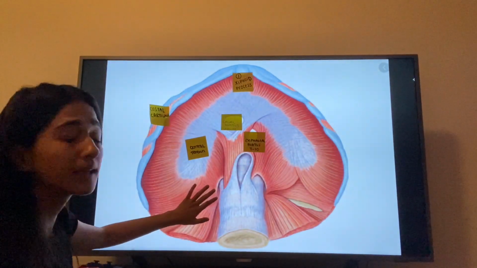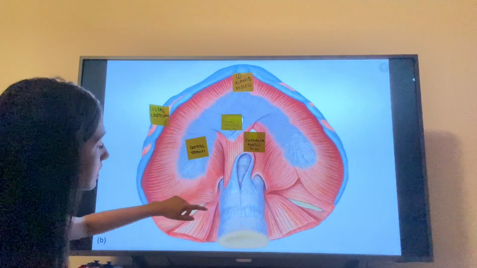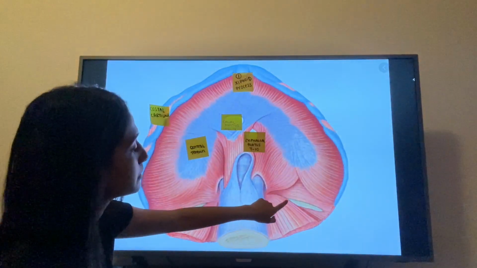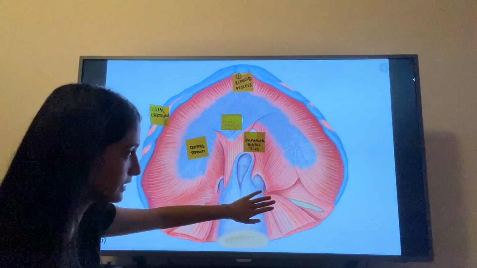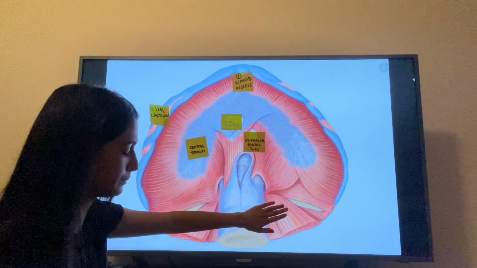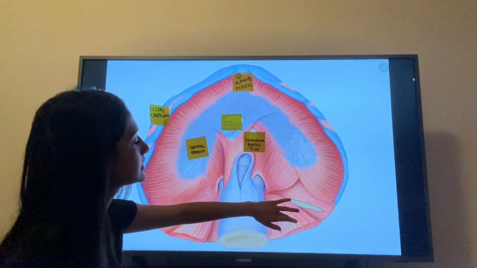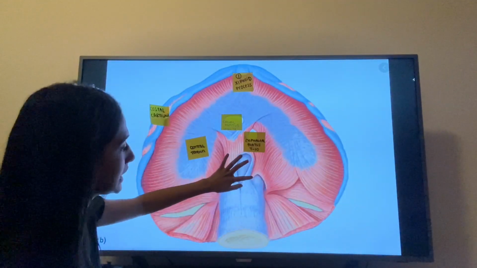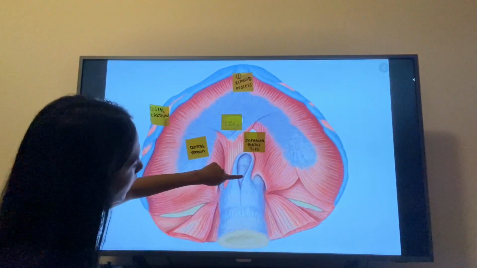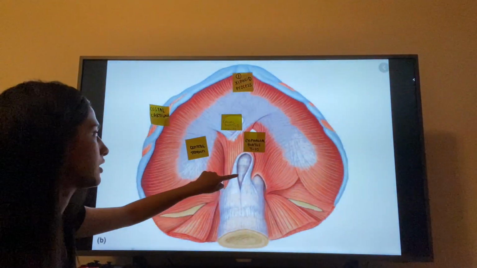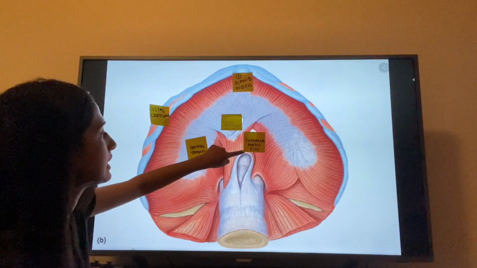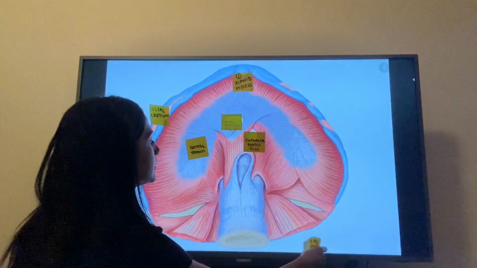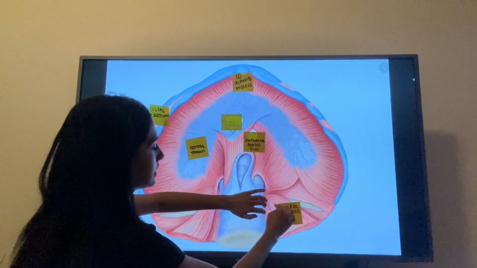There's something called the arcuate ligament in the diaphragm. It's not seen in this picture, but I'll show you in the picture after this, that there's a lateral arcuate ligament. This is the medial arcuate ligament, and the one going around the aortic hiatus is the median arcuate ligament. So let's label that. Here would be the lateral arcuate ligament.